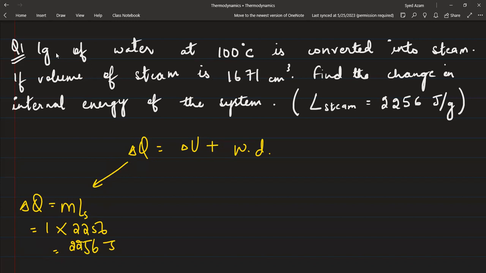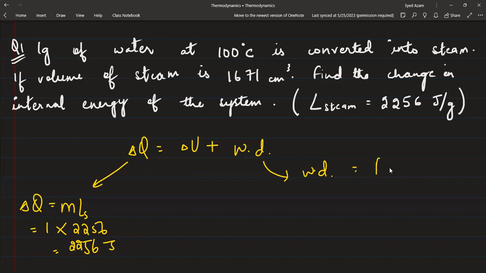What are the other things given? 1 gram of water at 100 degrees Celsius, and volume is also given to us, so we can calculate the work done. The volume of steam is given as 1671 centimeter cube.